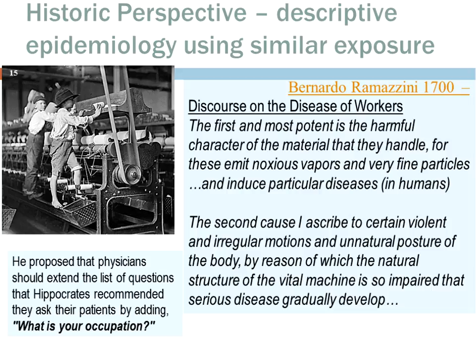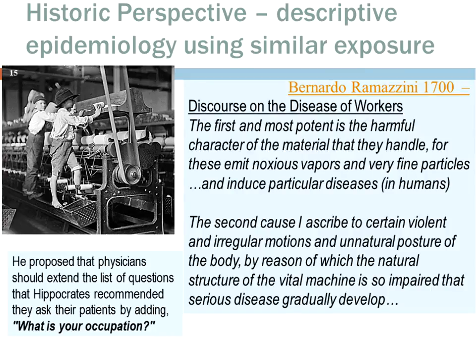In 1700, he wrote, "The first and most potent is the harmful character of the material that they handle, for these emit noxious vapors and very fine particles, and induce particular diseases in humans." Here we would call this the study of airborne contaminants, aerosols, gases, vapors, and the start of industrial hygiene.